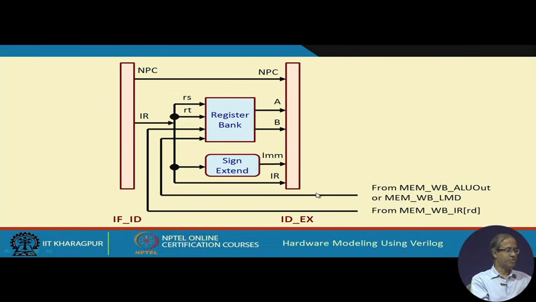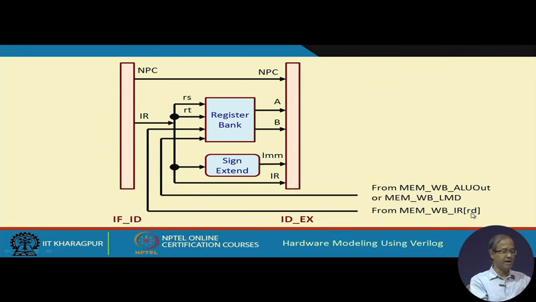In terms of the hardware, it will look like this. Register bank, so NPC will be copied, this IR will be copied, that IMM part of the IR will be sign extended to get IMM, RS and RT will be prefetched, register bank will go to A and B, and from MEM/WB ALUOut or LMD the data will be coming for writing into the register bank, and from MEM/WB IR the target will be coming.